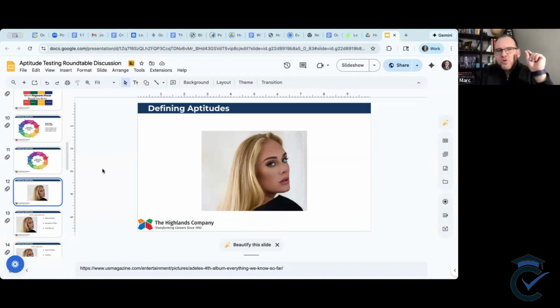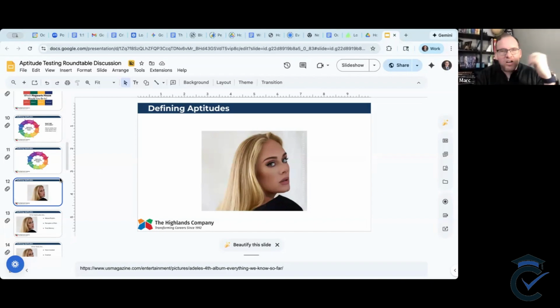So we can probably agree, even if you don't like her music, that Adele has probably put in the hours necessary to be a really good singer, performer, and probably in the studio as well to be a good producer, right? However, we can probably also agree that Adele has a little extra something that makes her Adele beyond the hours that she spends. So that natural talent, that's really where aptitudes come in.